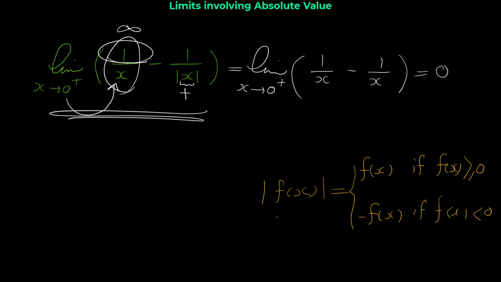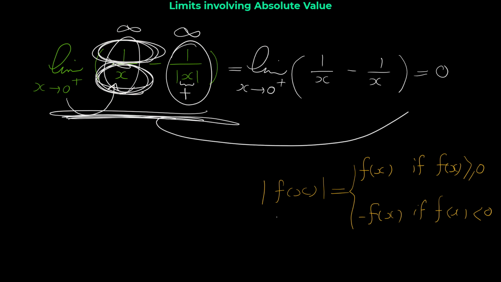And when we have a non-zero number over something that approaches 0, it's infinity. The other one is also infinity. Infinity minus infinity is an indeterminate form. In this case, we proved that this limit is 0. But not always is infinity minus infinity 0. It's an indeterminate form, it can be any number. In this case, we got 0.